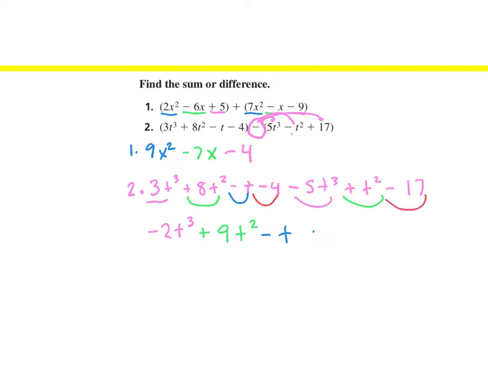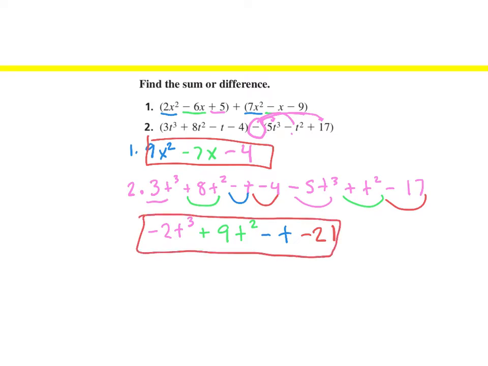And then minus 4 minus 17 would be minus 21. So this is our answer for number 1 and our answer for number 2. So super important. We just combine our like terms, and then anytime we're subtracting, we have to distribute.